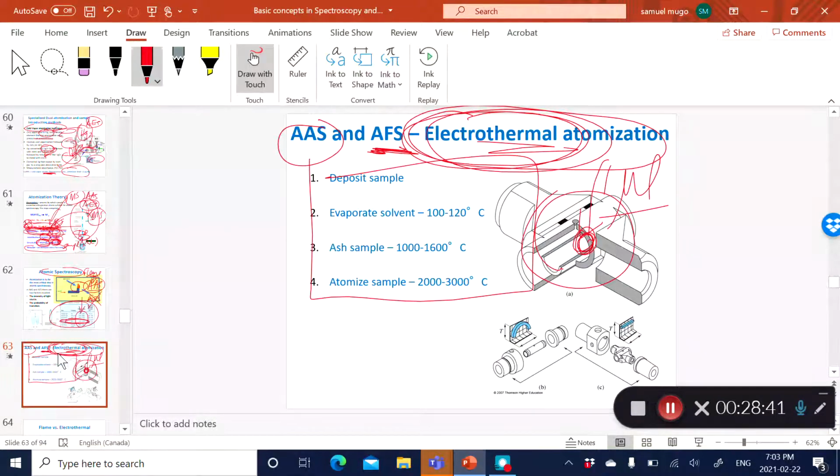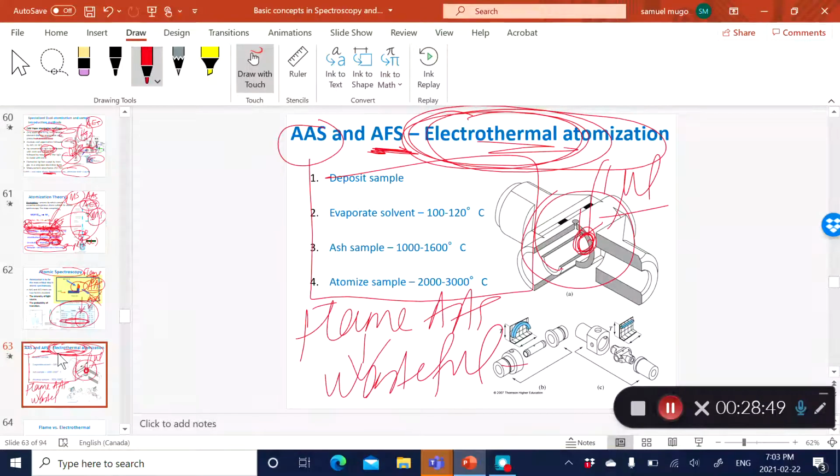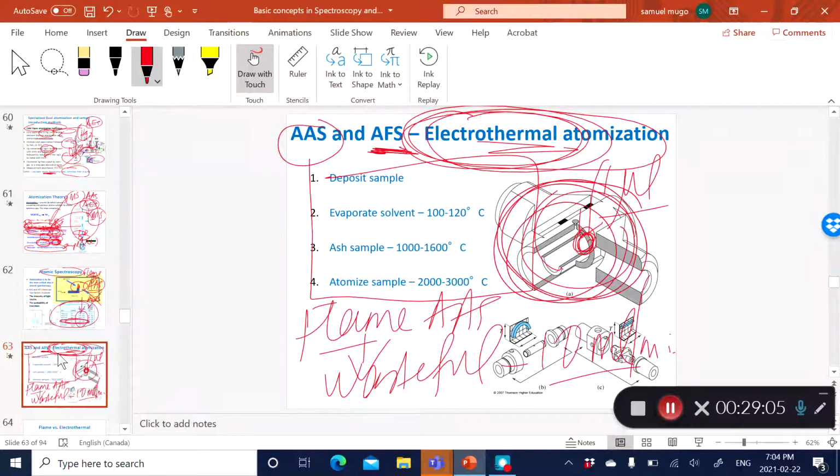Remember, when you did the flame AA, it is very, very wasteful of the sample. If you remember, you are using something like 10 mL of sample per minute, so it's a very wasteful method. But with a graphite furnace atomic spectrometer, you use a very, very tiny little furnace. And so you can use a very small amount of the sample.